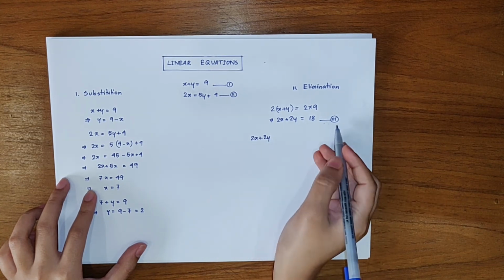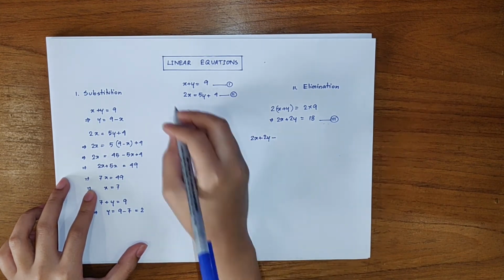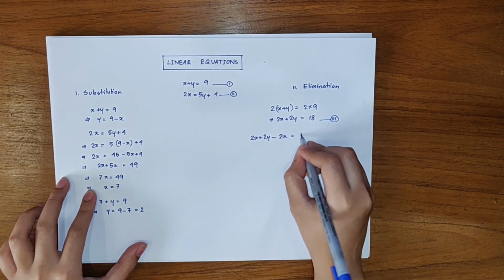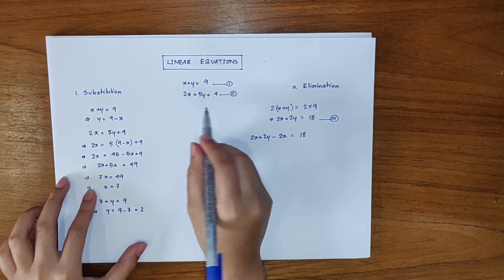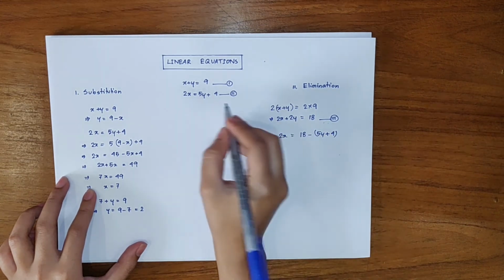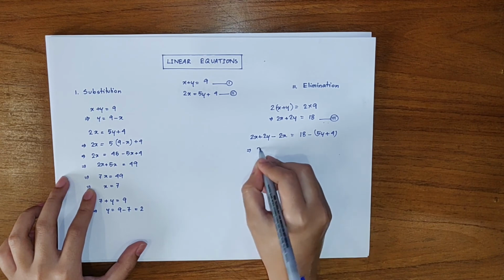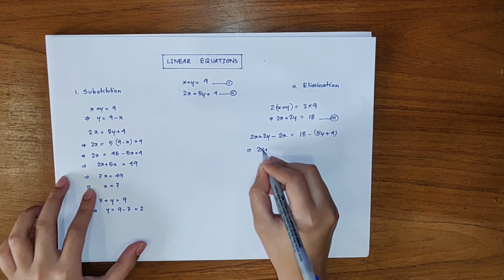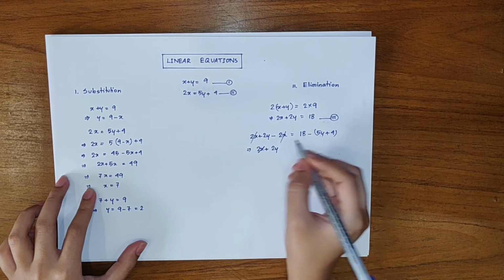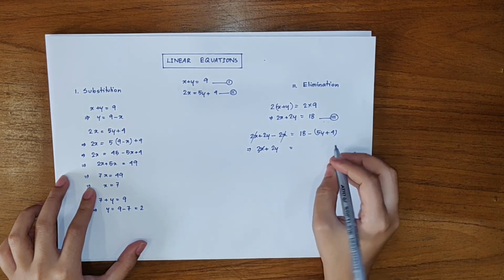This is the left hand side of equation 3 minus left hand side of equation 2, right hand side of equation 3 minus right hand side of equation 2. So we will have 2y. These cross out each other.